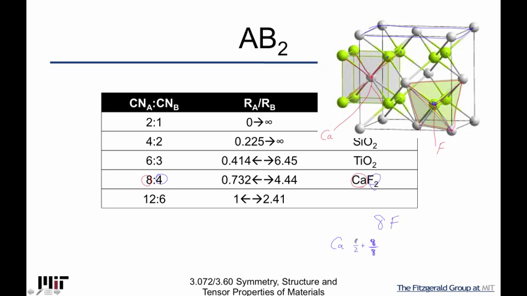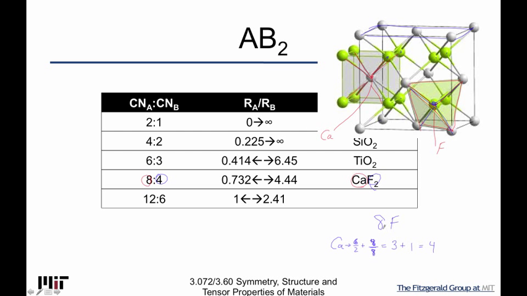So I have 6 faces that are each shared with 2, right? So when I look at that, I can see that I'm going to have 3 atoms from the faces plus 1 from the corners. And so there's 4 calcium.